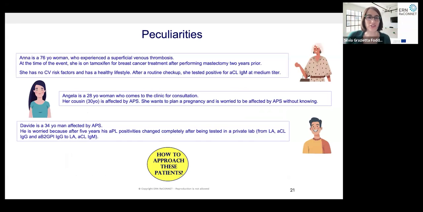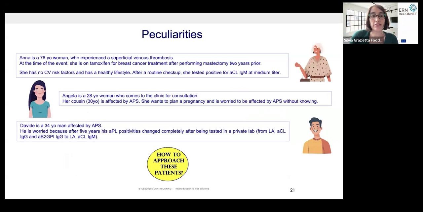Yes, we call this section peculiarities, and we are going to present 3 different clinical scenarios that I guess could be useful for you, because sometimes they can cover some of your thoughts or questions. So Anna is a 76-year-old woman who experienced a superficial venous thrombosis.